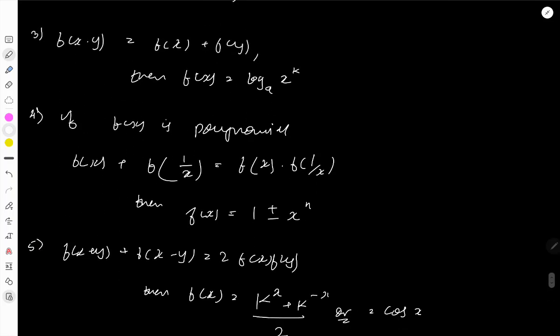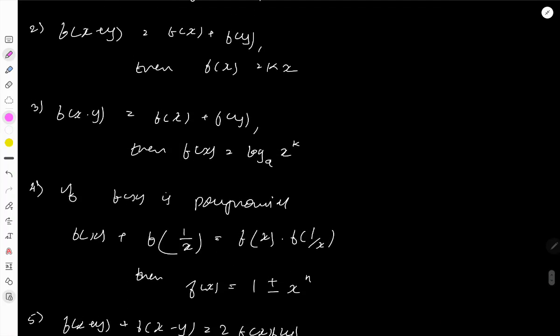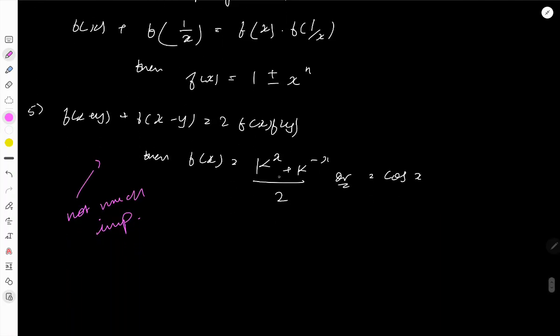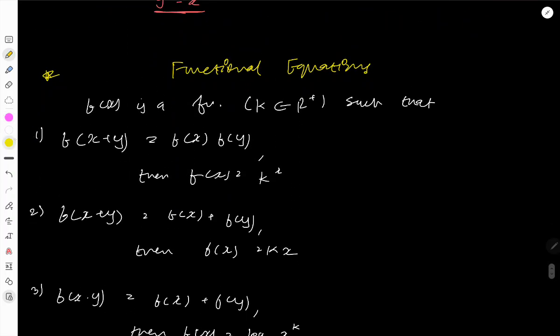Now this one is not that important, because there are other types of functions like the sine function where there's a minus in between, so we don't have to look into it. But these four types are very much important.